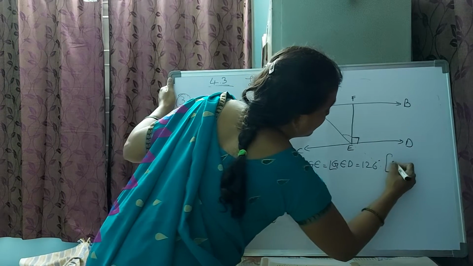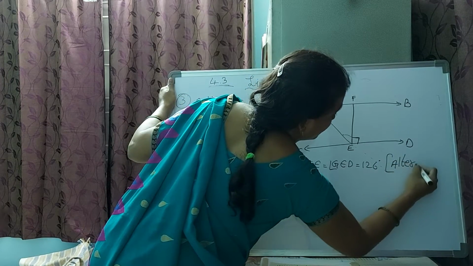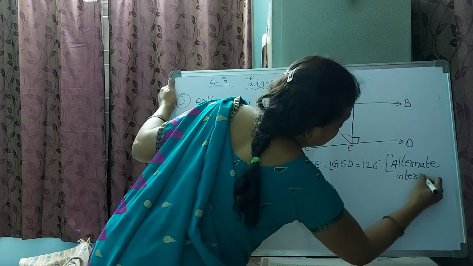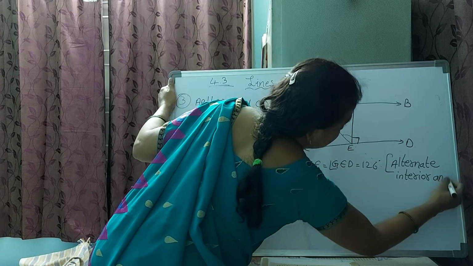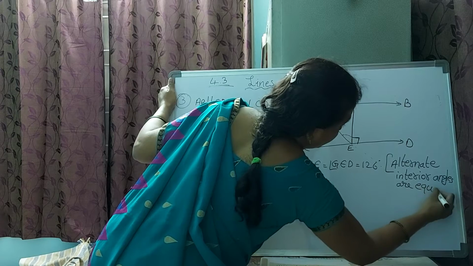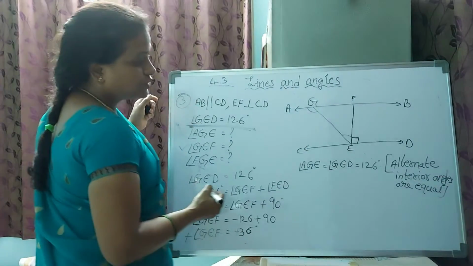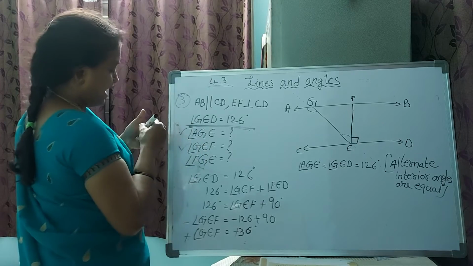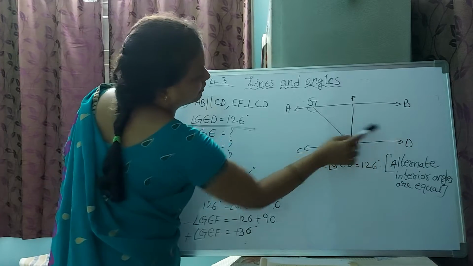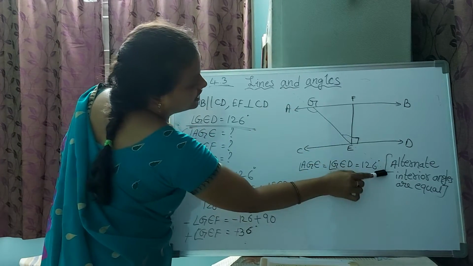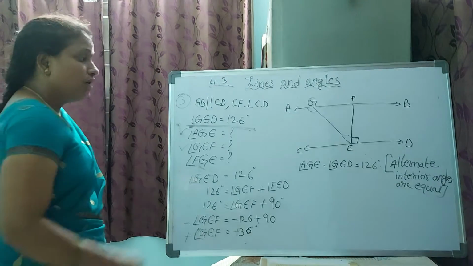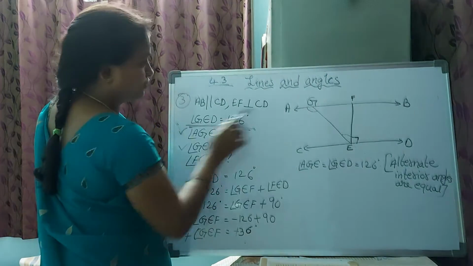So these are alternate interior angles. Alternate interior angles are equal. Okay, next one. This one also completed. Angle AGE is equal to GED, because if you see this one as transversal, alternate interior angles are equal. So this angle we have found.